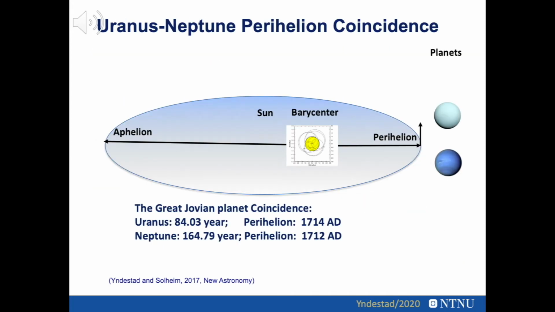We can then study the connection between Uranus and Neptune in a total period of 4,480 years. They have periods of 84 and 164 years, and they have a common perihelion time at the year 1714.